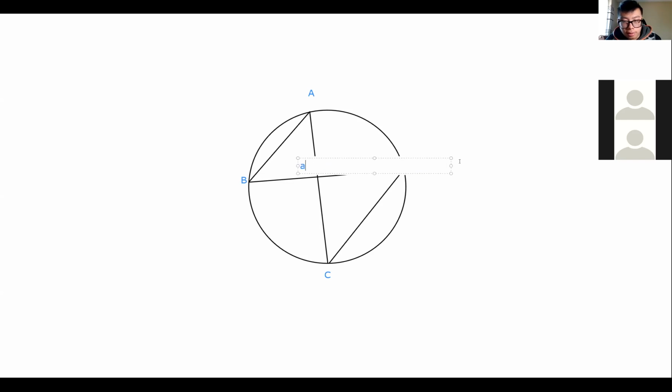Let's call these angles A, B, and C. A is angle ASB, B is angle BAS, and C is angle ABS. Now we want to prove that these angles correspond to these angles over here.